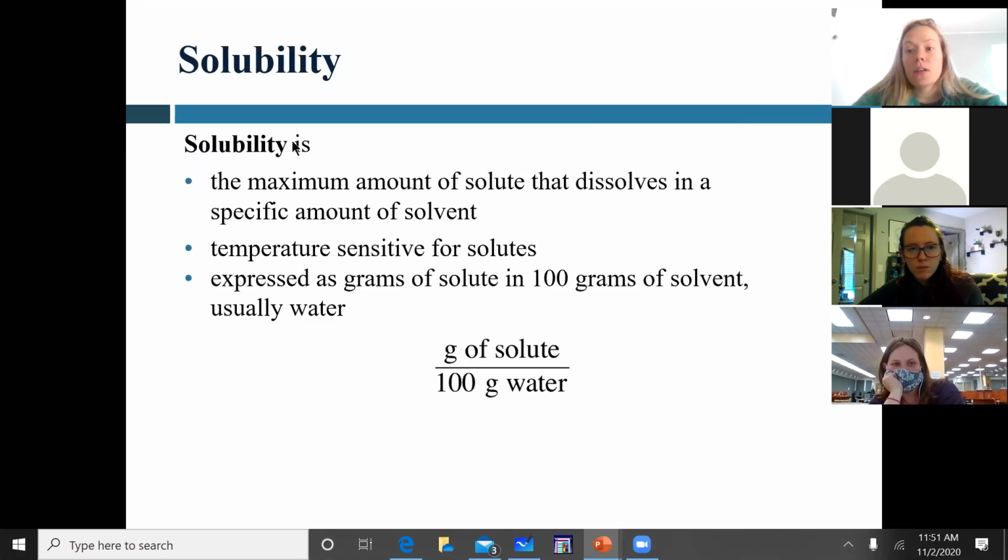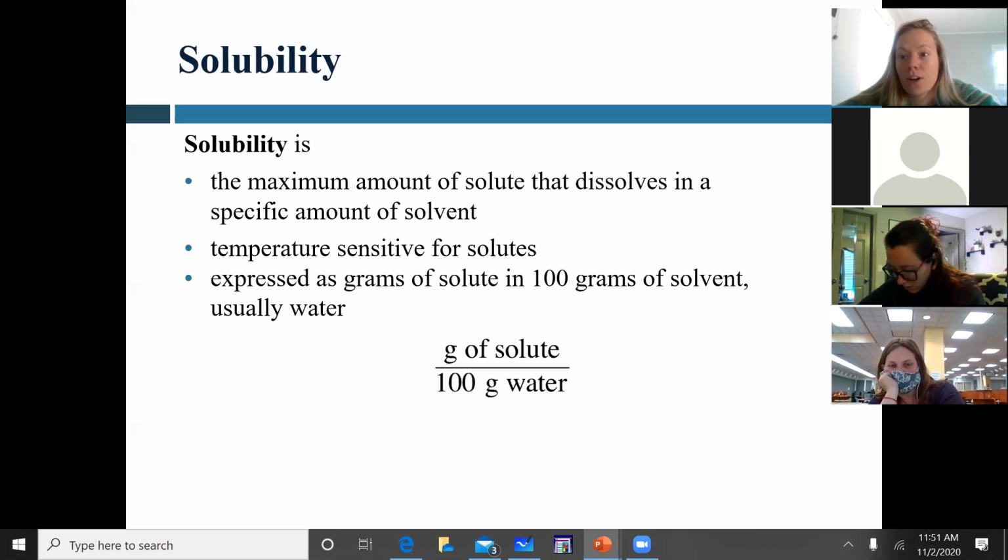So when we're talking about how soluble something is, solubility is going to be the maximum amount of solute that can be dissolved in a specific amount of solvent. So how much solute can you pack into that solvent? Everything has a certain amount of solubility, and it is dependent on temperature. So for instance, salt, right? You can only dissolve so much salt in water.